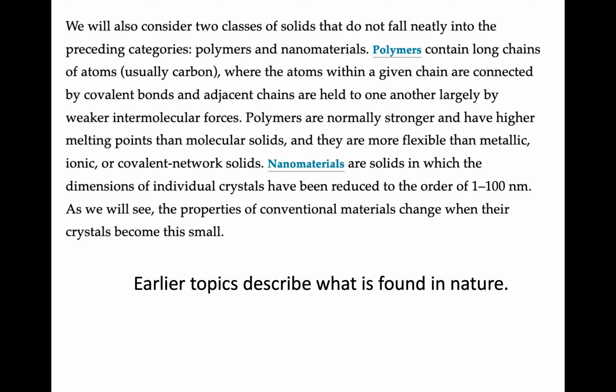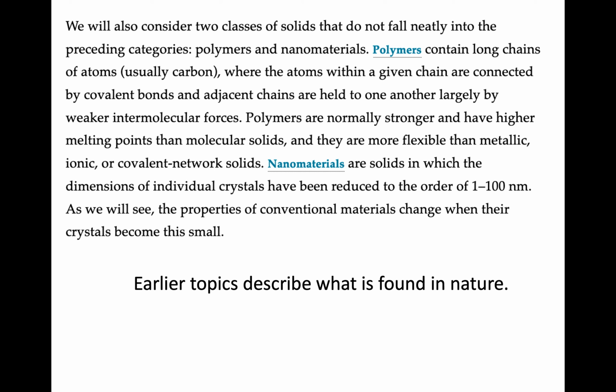Goes on a little bit to say that those particular 4 categories, that's not the whole story. There's also other types of materials, polymers and nanomaterials would be examples. What I like within this one is so much of the textbook leading up to this point, we're describing what's already found in nature. Different liquids, different gases. Those are examples that we have again and again.